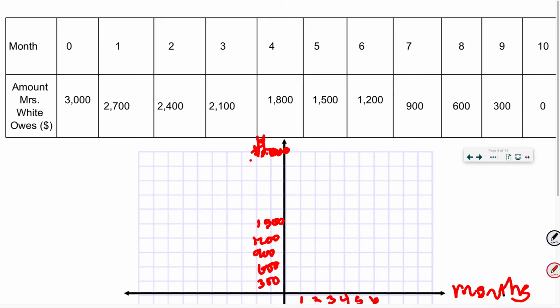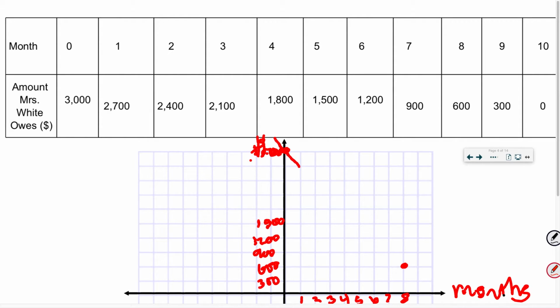Can we just make a line with one coordinate? No. What else do we need? We need a second point. What point do we want to use? Can we use any of these points? What point do you want to use? (8, 600). So coordinate (8, 600).